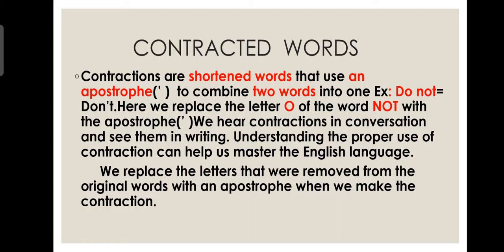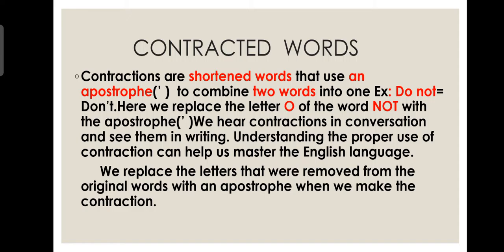And you will notice that when we are writing the full form, we write the words separately. But in contracted forms, the words are squeezed together. They are combined together with the help of the apostrophe. Okay, we hear contractions in conversation and see them in writing.